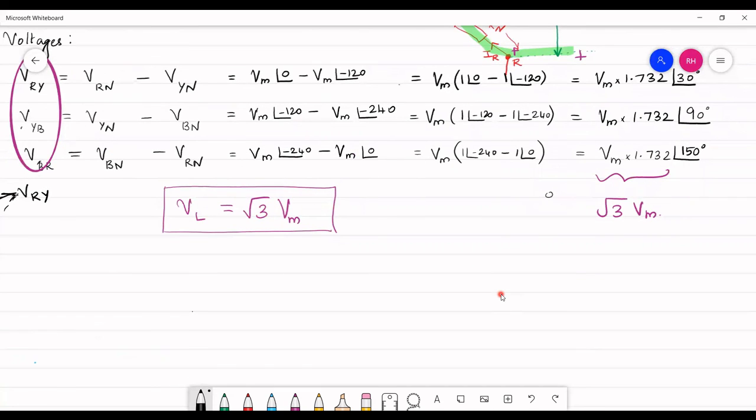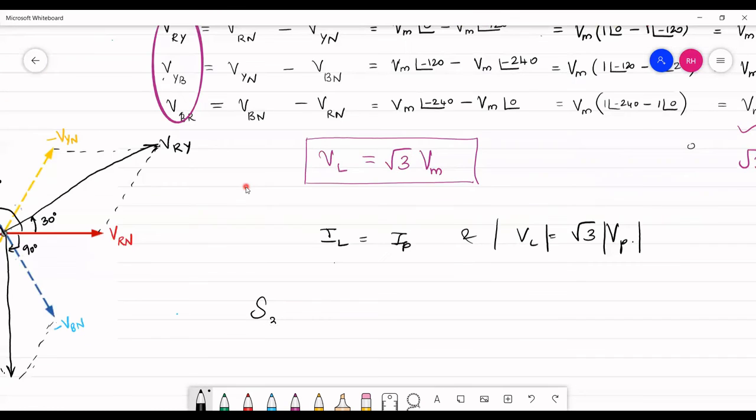And it could be seen that the magnitude of these line voltages is root 3 times the magnitude of the phase voltage, and the line current is equal to the phase current. The power of a three-phase system is 3 times the phase power, which is VP into IP.